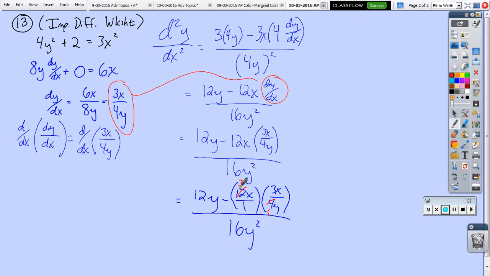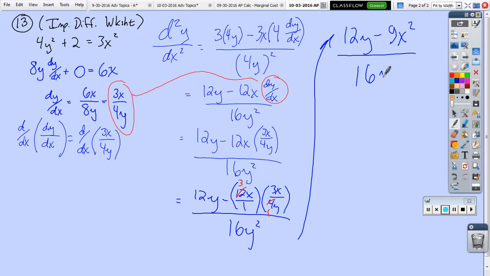If we go straight across, we have 12y minus 3x times 3x, which is 9x squared, over y, all over 16y squared.